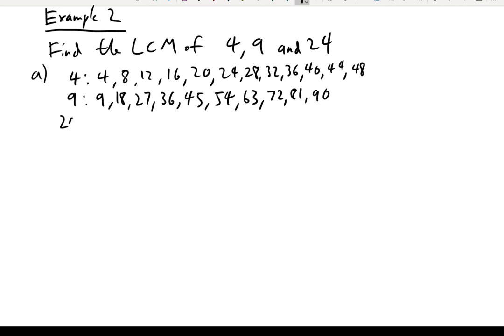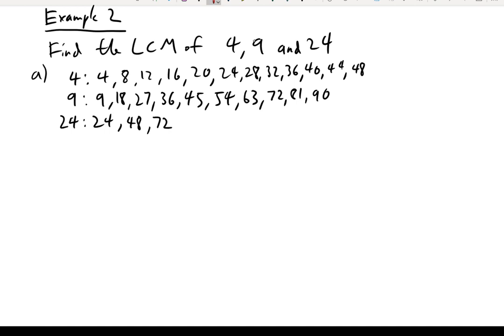And then for 24, we have 24, 48, and then we have 72, and I think that's all we need to go to. Now, if you first look at 4 and 9, the LCM will be just 36.